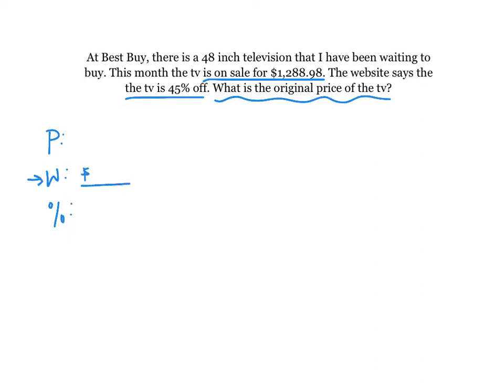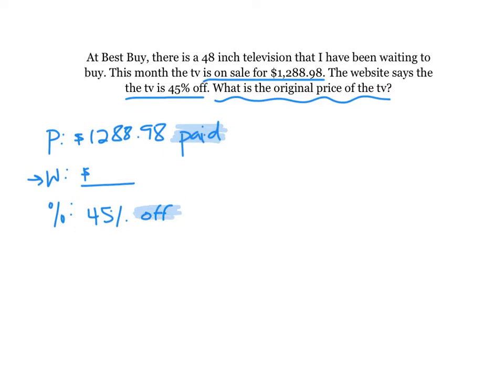We do not know how much the TV was. What I do know is my TV is $1,288.98. That's how much I paid. But the other piece of information I'm given is it's 45% off. Notice my reasonings don't match. One is paid, one is off.